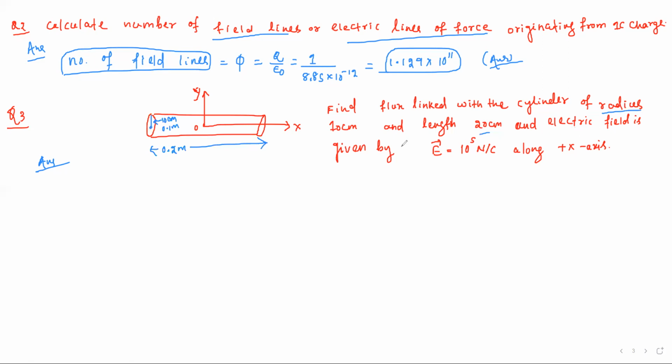The electric field E vector is 10 to the power 5 Newton per Coulomb along the plus x axis. So the electric field is in this direction.